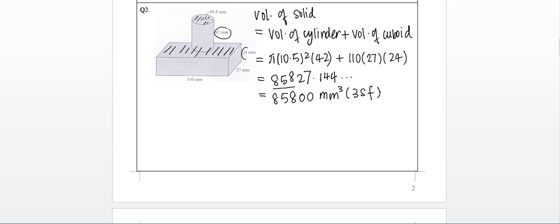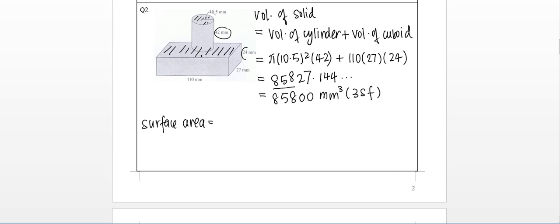Looking at the surface area now, we take a look at this. Now the surface area is made up of this circle on top, followed by the curved surface area of the cylinder. So you notice that the bottom base area of the cylinder is not counted because it is not exposed. If I'm going to paint this cylinder, I will only be painting this circle on top as well as a curved surface.